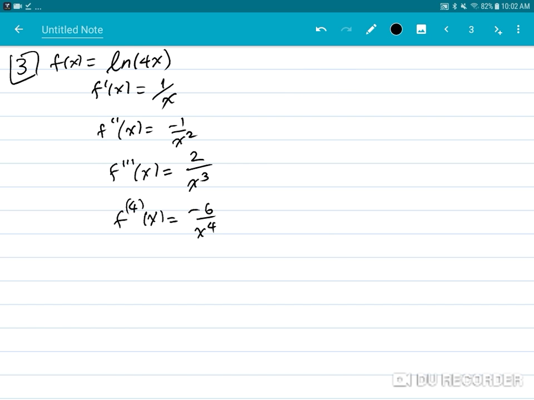For the second part, they want the nth derivative. And as you can see, I have minus 1 to the power of n somewhere, or maybe n plus 1. We have to check. It's n plus 1 because when n is even, I want minus.